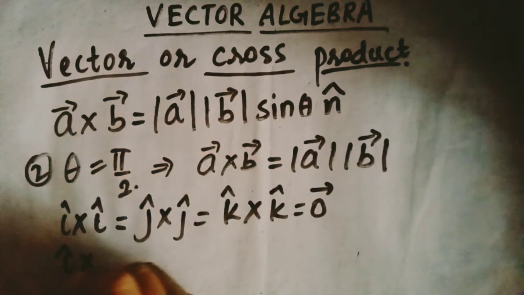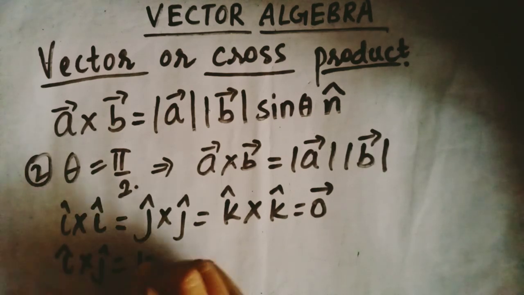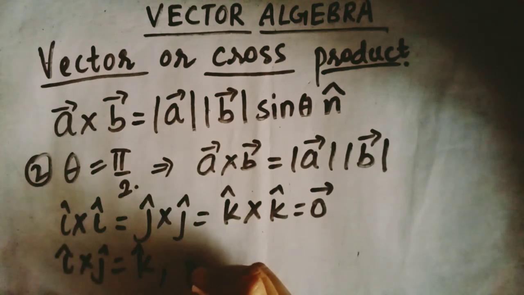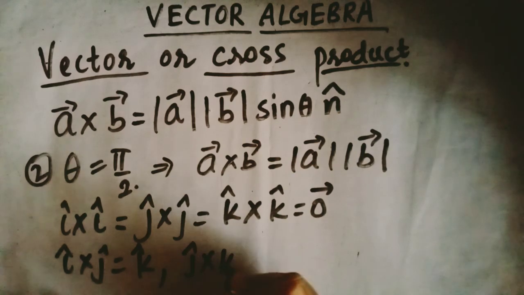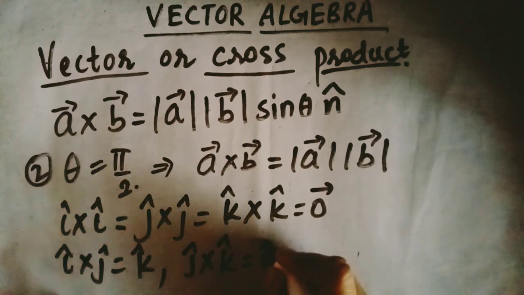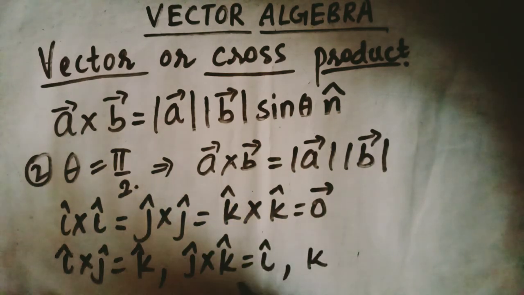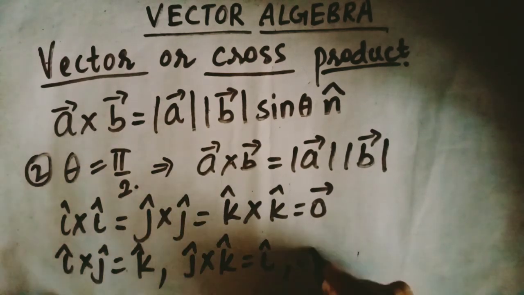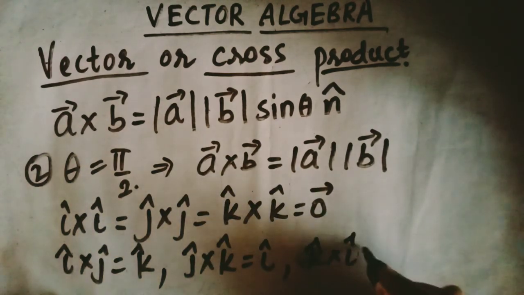And if you take I cross J, you will get K, then it is J cross K, then you will get I, and K cross I, you will get J.